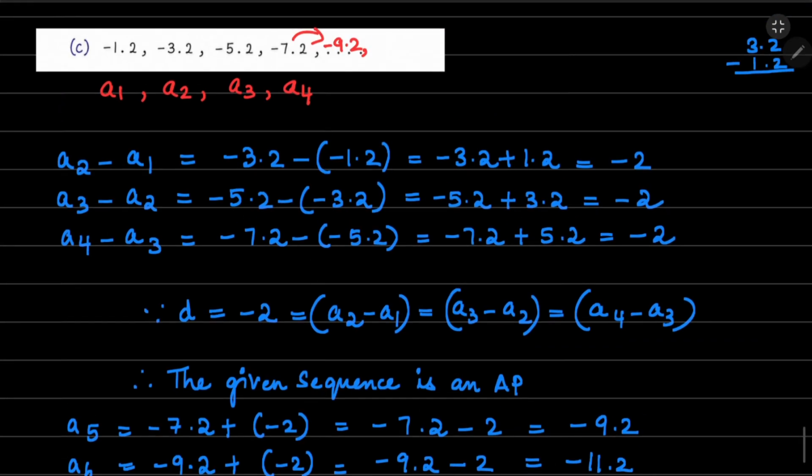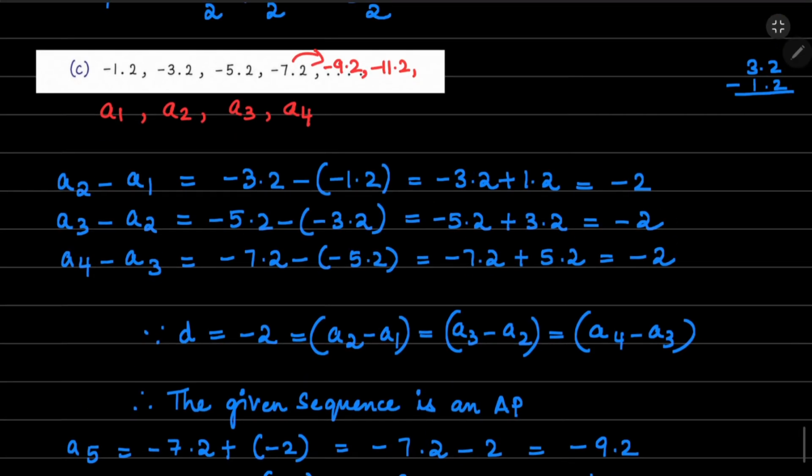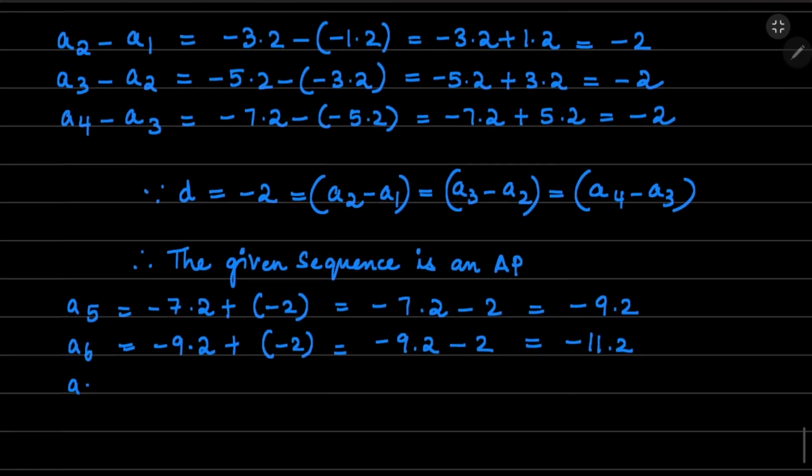So the next will be minus 11.2. Again, so 5, 6, what is A7? Will be equal to the sixth term, that is minus 11.2 plus minus 2, which will be equal to minus 11.2 minus 2, minus 13.2.